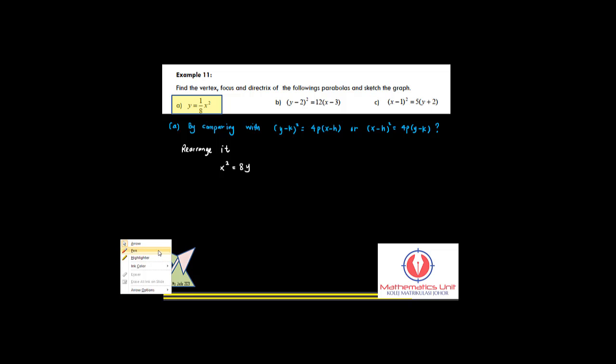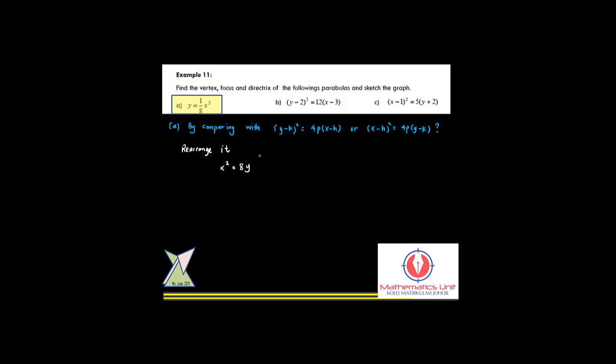So how are we going to find the vertex, focus, and also the directrix of the following parabola? And we also have to know how to sketch the graph. Firstly, we need to know which formula we should choose. From this question, we must let the squared term be the subject. So we rearrange it, with x squared as the subject, and you get x squared equals 8y.